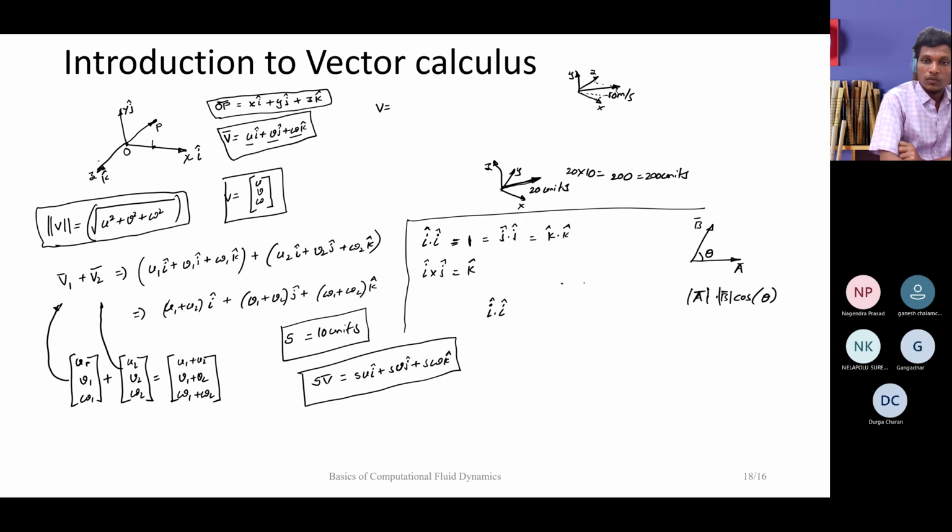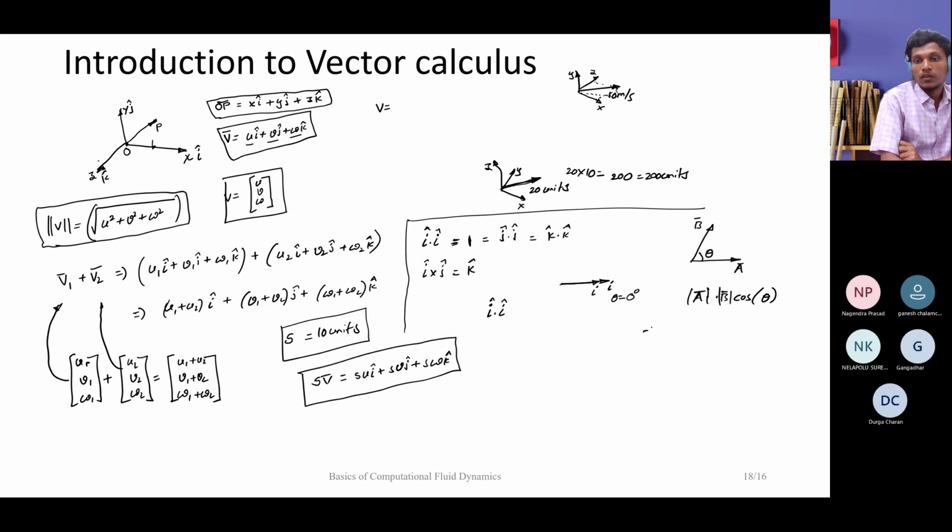So they are in the same direction. What is the angle between these two vectors? Sorry, it is 0 degrees.